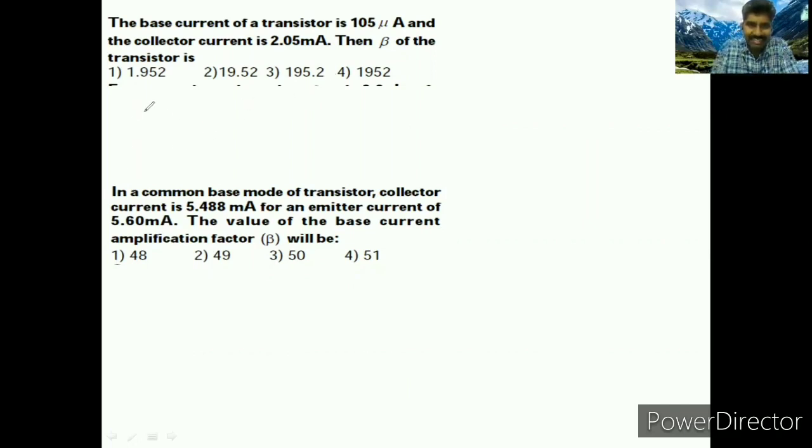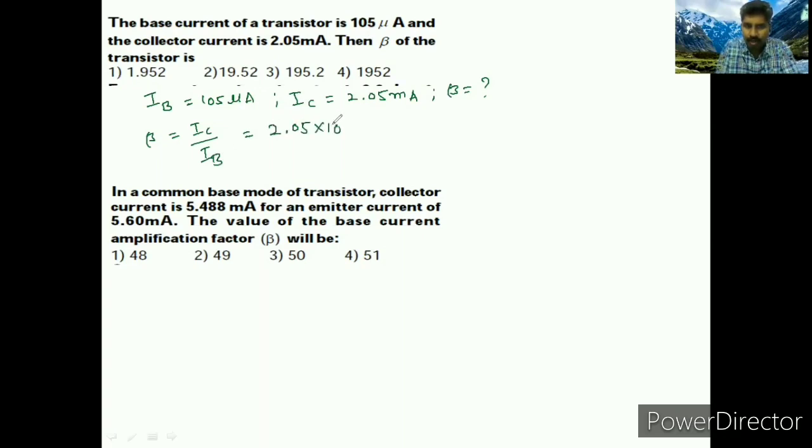The base current of a transistor, IB, they give 105 microamps, and the collector current is equal to 2.05 milliamps. Then we need to calculate beta. So here beta is equal to, what is the formula? IC by base current. So 2.05 milli, which means 10 to the power of minus 3, by 105 into 10 to the power of minus 6, we can write.